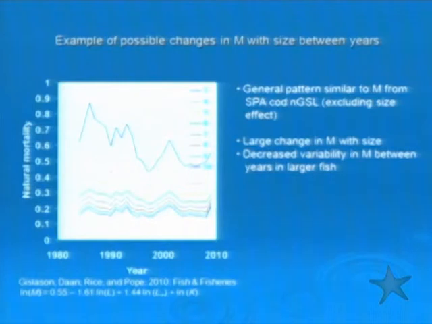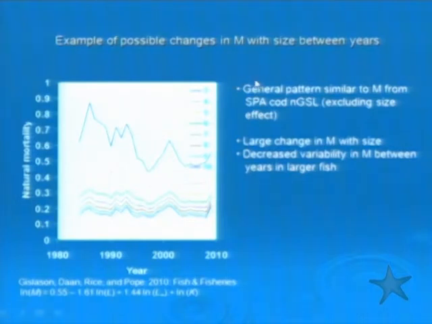Here I use an example of possible change in natural mortality with size between years that could be observed. To do that, I use a model that was published last year by Gislason. I don't know if I'm pronouncing the name correctly. It's essentially estimating the natural mortality based on the length of the fish and the characteristics of the von Bertalanffy growth curve.